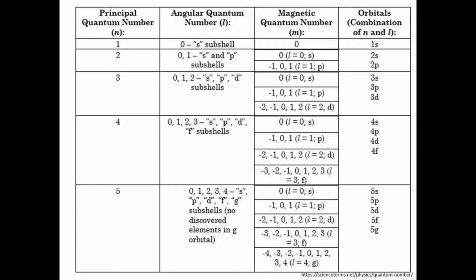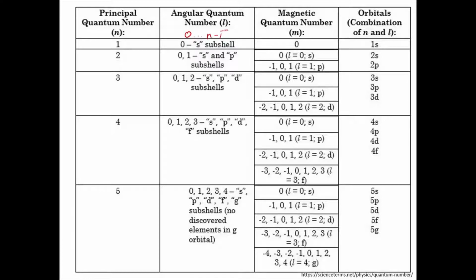So just to give you a little refresher from last week, when we have that principal quantum number n, that tells us the energy level that an electron is at. And we have the angular quantum number, which is l, and l goes up to n-1 in value.